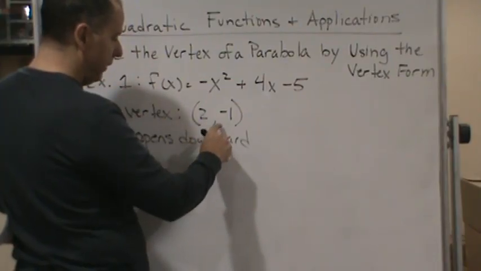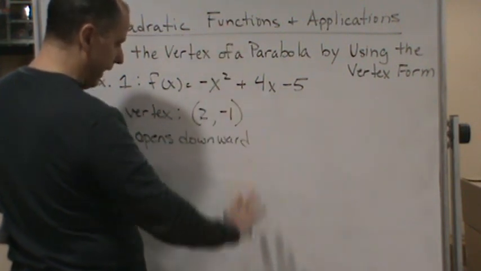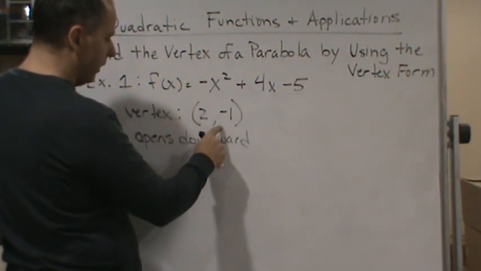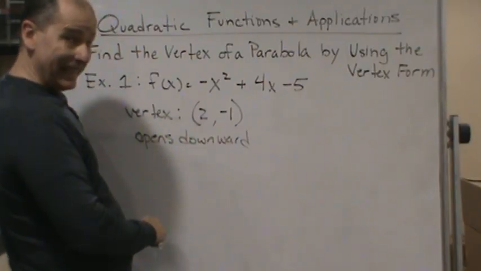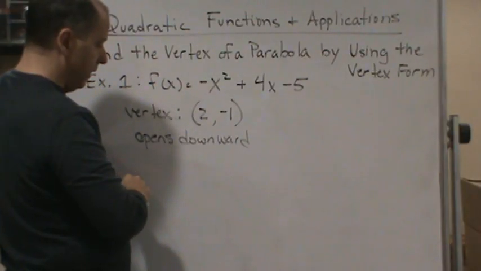So the graph starts at 2, negative 1 and goes down. But the x-axis lies above this point.